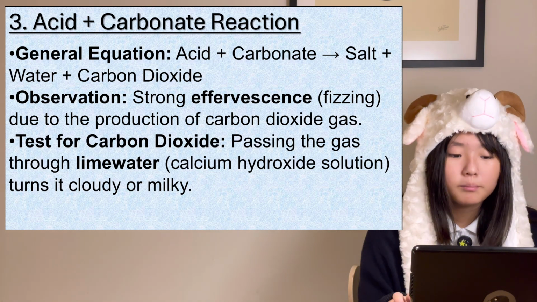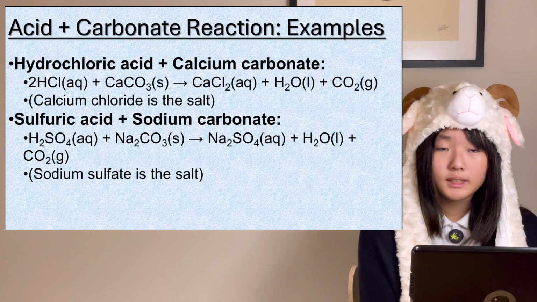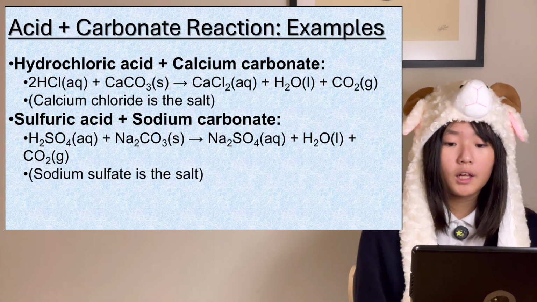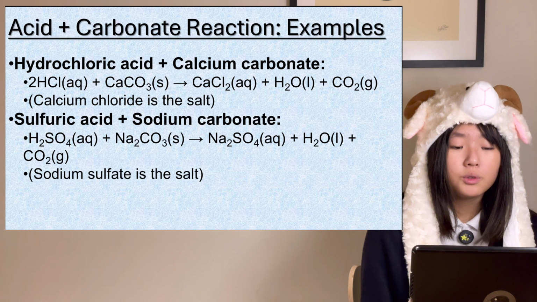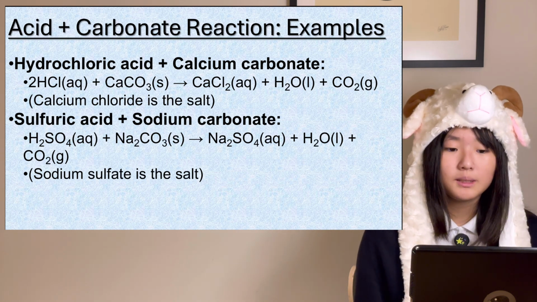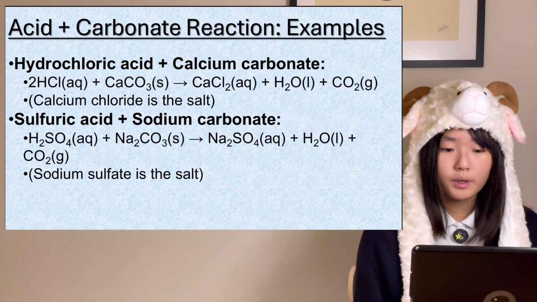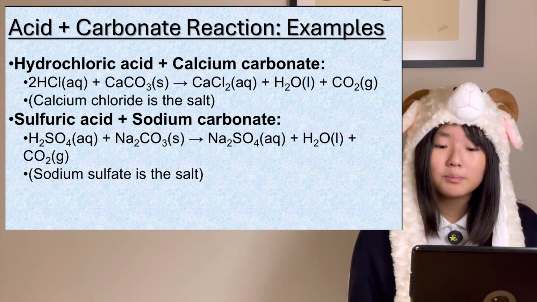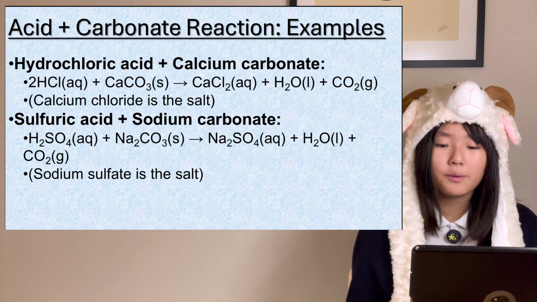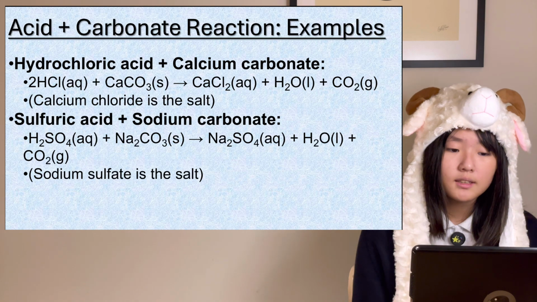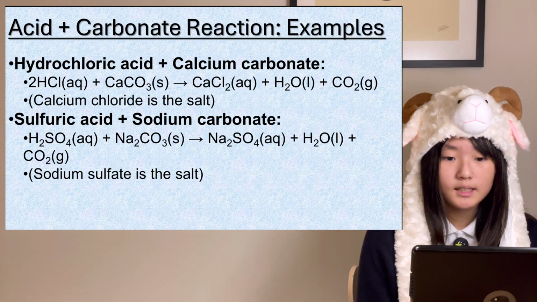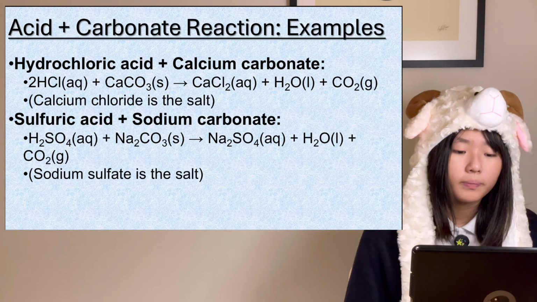then the gas that you just bubbled through the lime water is carbon dioxide. Some examples of acid plus carbonate reactions are hydrochloric acid plus calcium carbonate. 2HCl (aqueous) plus CaCO3 (solid) becomes CaCl2 (aqueous) plus H2O (liquid) plus CO2 gas, and calcium chloride, CaCl2, is the salt.